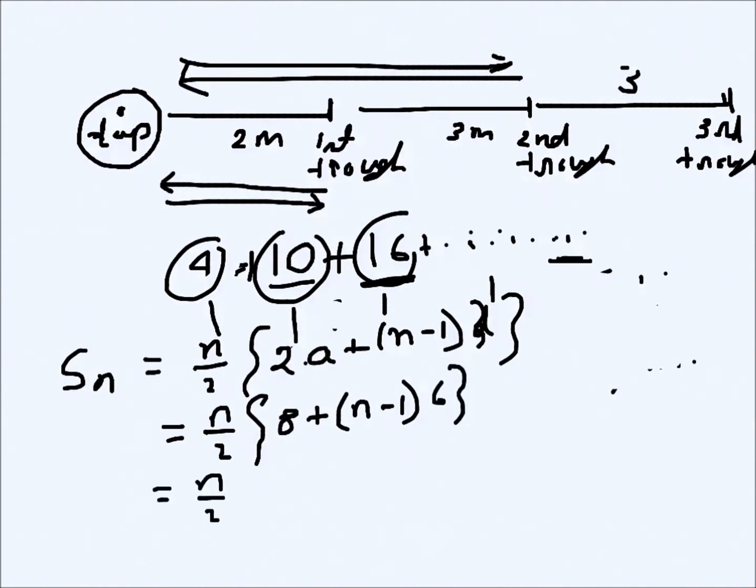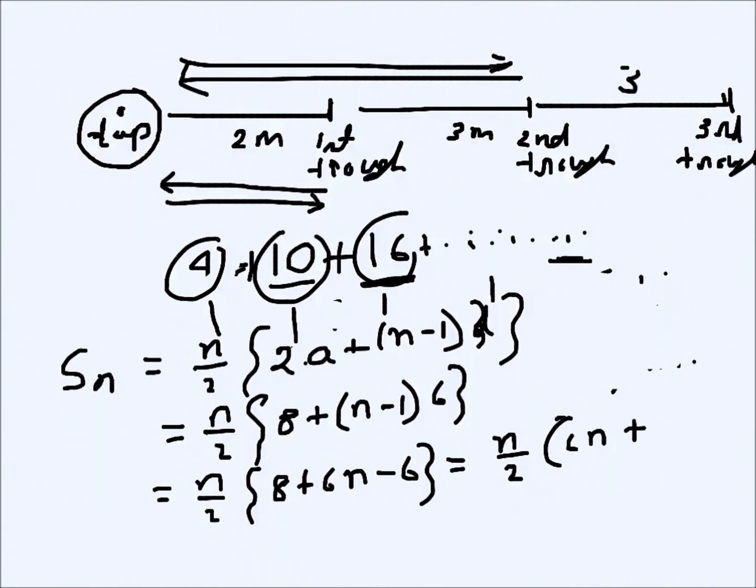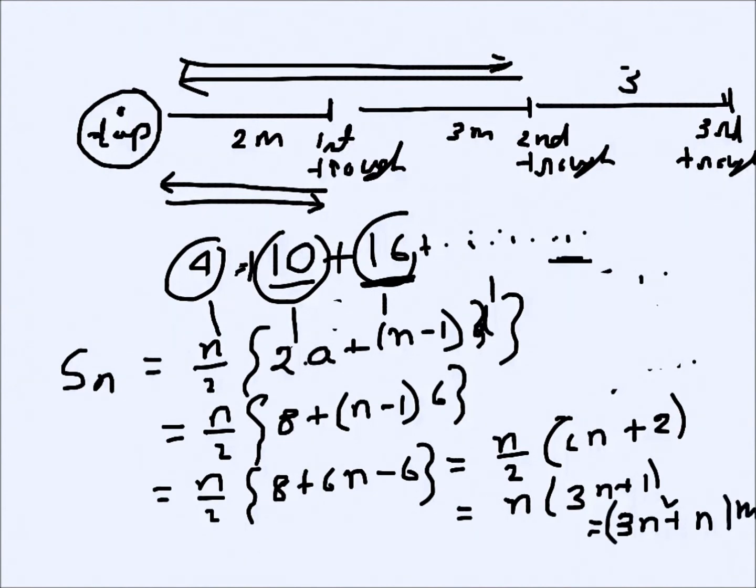So that's n over 2 into 8 plus 6n minus 6, which is n over 2 into 6n plus 2. If we take 2 out, it will be n into 3n plus 1, which is 3n square plus n. That many meters she has to walk to fill up all the n troughs.